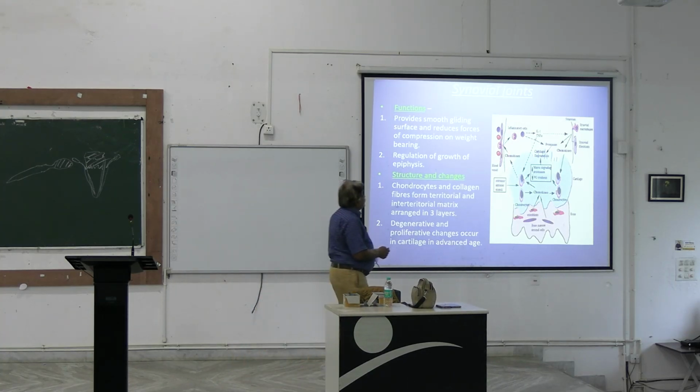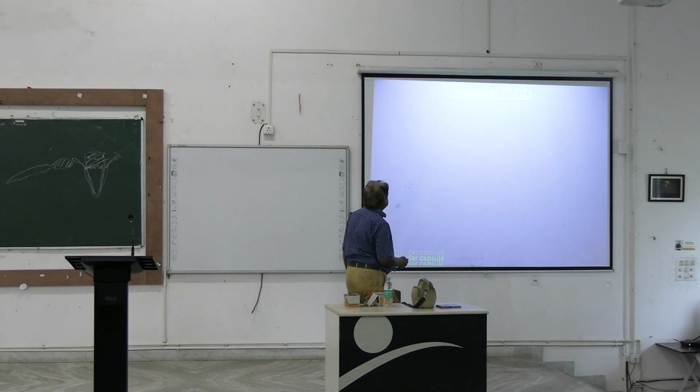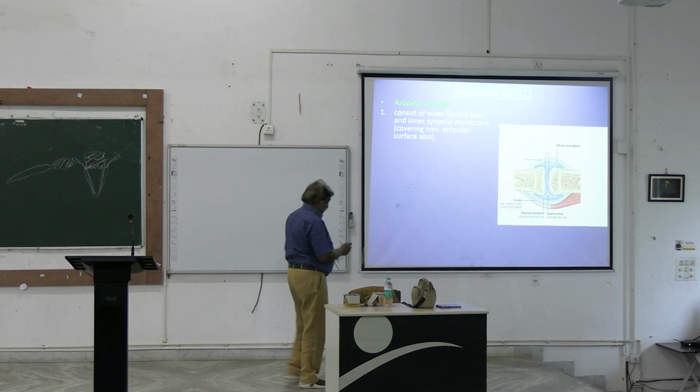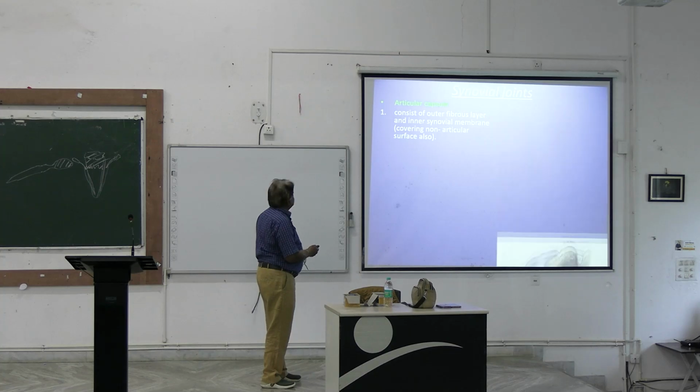This is a picture of, see how the cells are working. Now, again, the articular capsule consists of an outer fibrous layer and inner synovial membrane covering non-articular surfaces also.